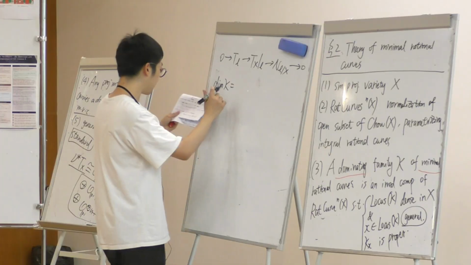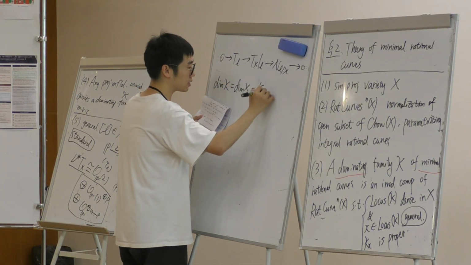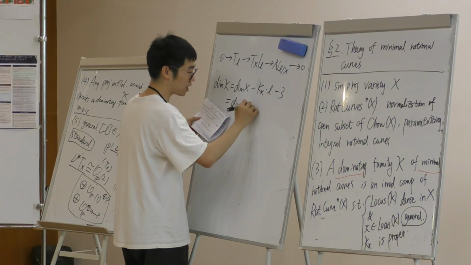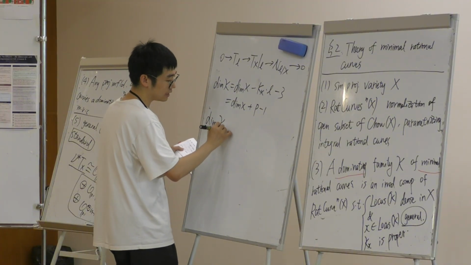The dimension of K is equal to dimension X minus Kx times L minus 3, which is dimension X plus P minus 1. And the dimension of Kx is exactly P.